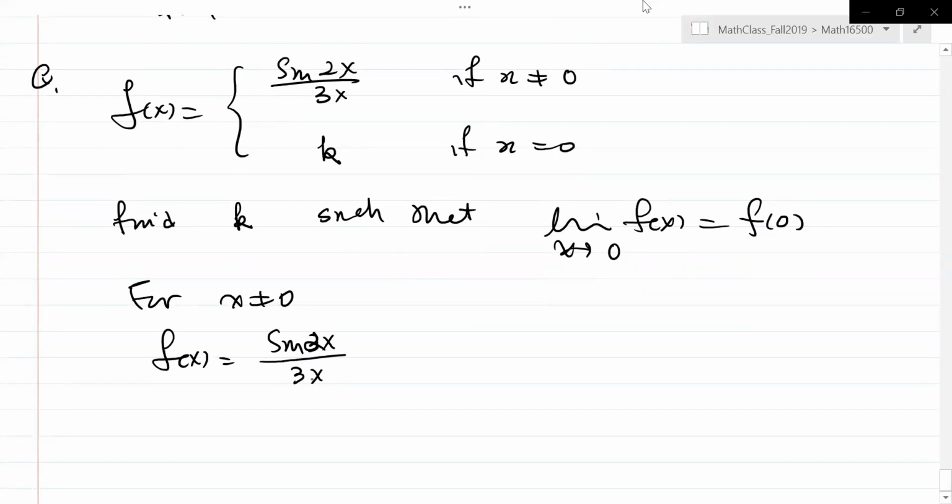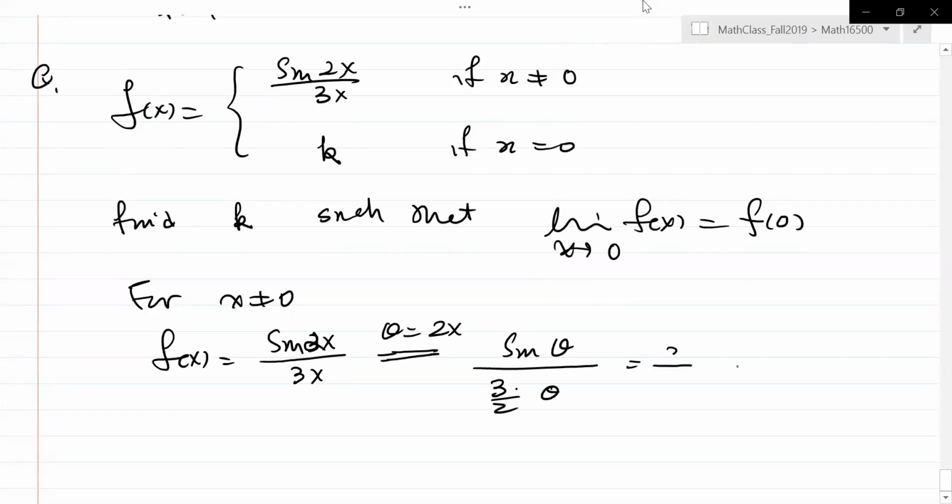Maybe it's better to introduce a new variable. Let theta be 2x. So the numerator is just sine theta. The denominator is going to be 3 over 2 times theta. How do I do that?